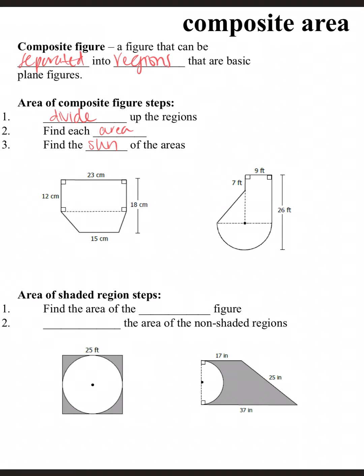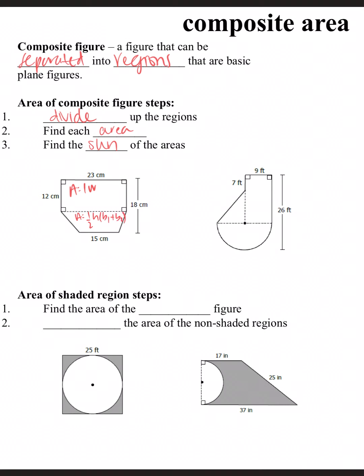You can see this first example is a rectangle and a trapezoid put together. So we're going to separate those two in order to find the area of both. Area equals length times width, and area equals 1/2 height times base 1 plus base 2.